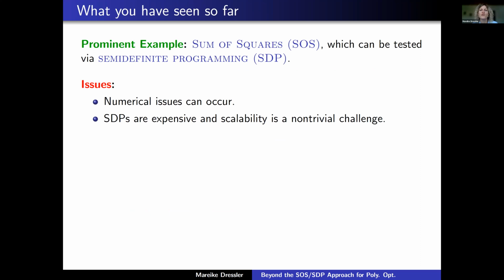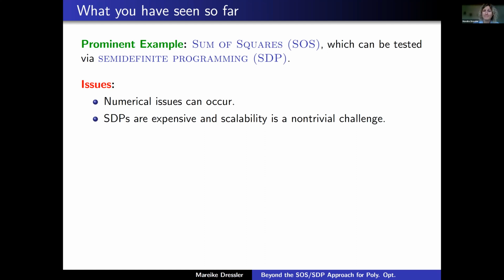And during the week, you saw, I would say, the most prominent example of such a non-negativity certificate, namely sums of squares. You learned that sums of squares can be identified via semi-definite programming. But you already heard about the numerical issues, or the issues of semi-definite programs, or basically of this general SOS SDP approach.